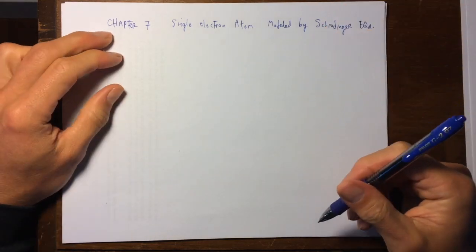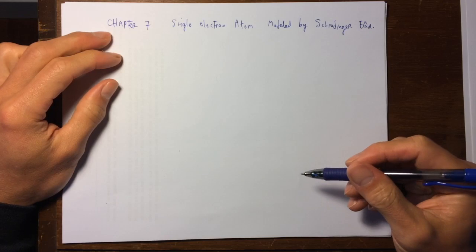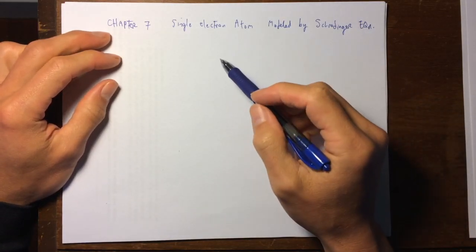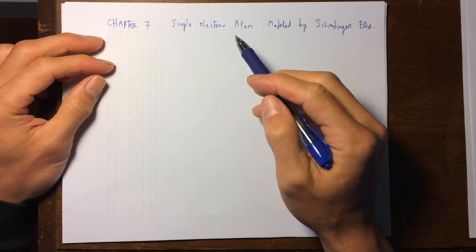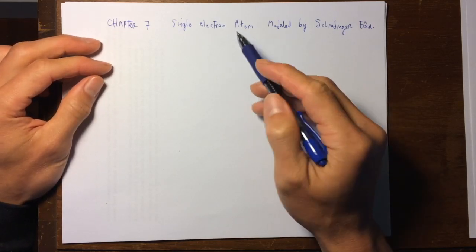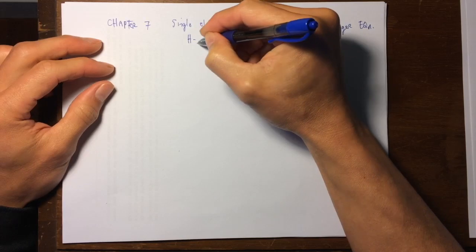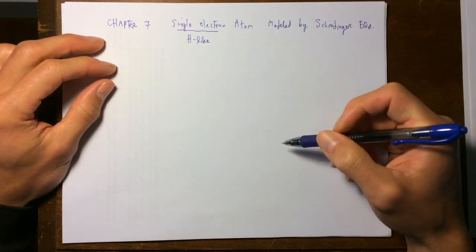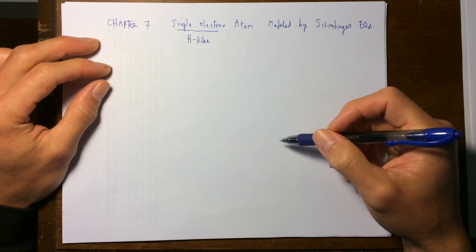Chapter 7 in your textbook is about using the Schrodinger equation to study hydrogen-like atoms. A hydrogen-like atom is a single electron atom with a nucleus.